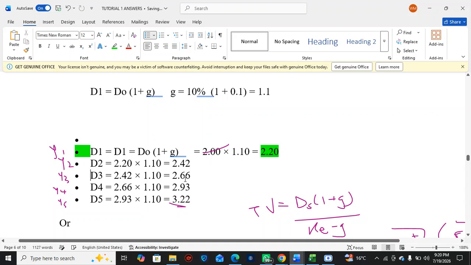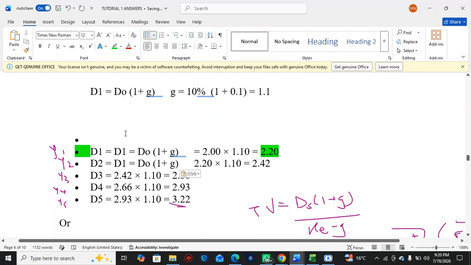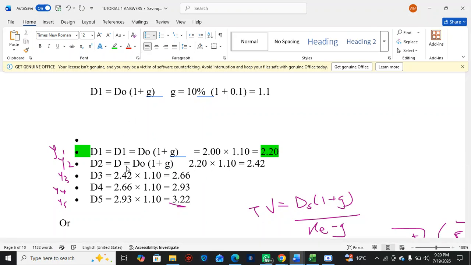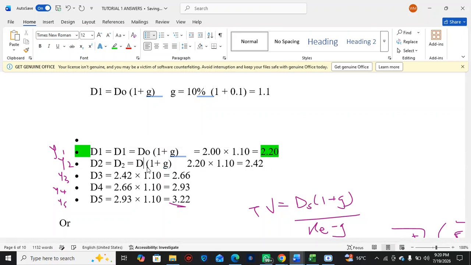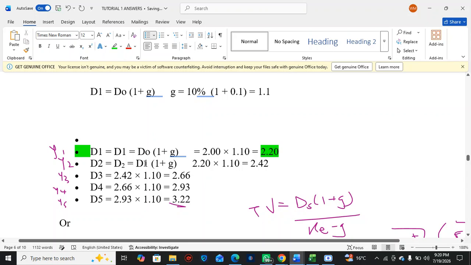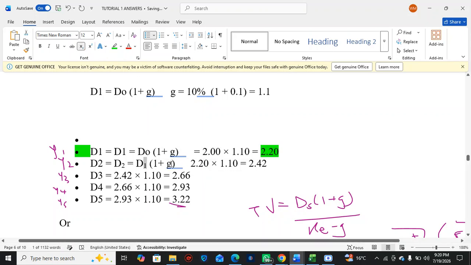So the expected dividend for year two, we're going to use this formula here. D2 equals D1. Instead of D0 here, now we're using D1, the dividend for year one, multiplied by the growth factor.